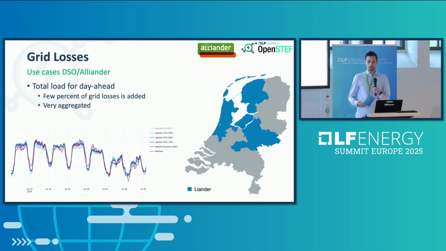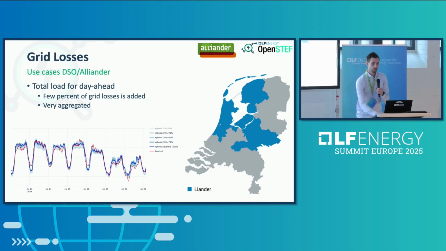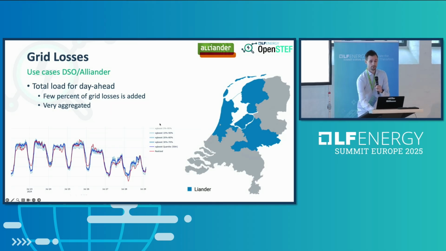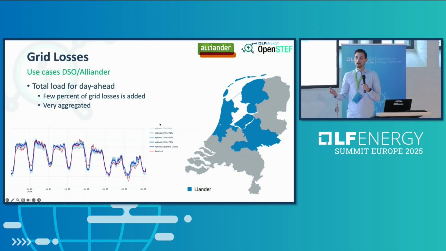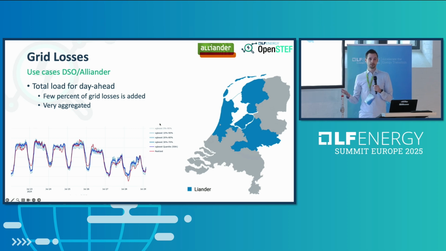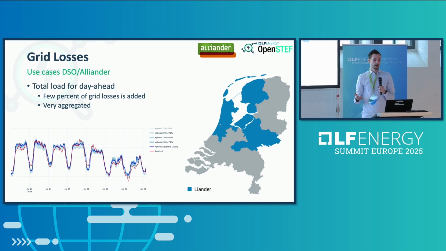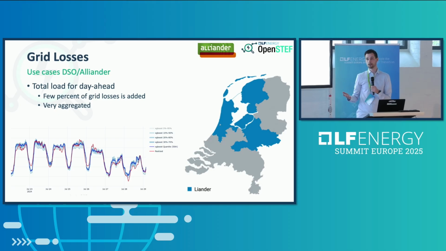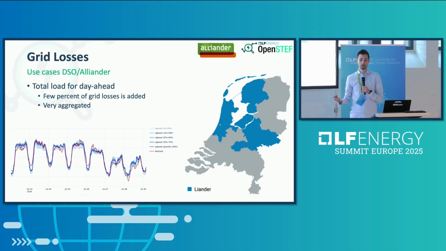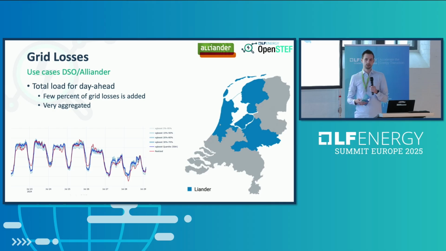So what we do is we forecast the entire load of our grid area, which is this blue area, so 1/3 of the Netherlands. And then we take a few percent of this for the grid losses, and we use that strategy for buying the electricity to compensate for our grid losses. And there you see it's a quite different problem.